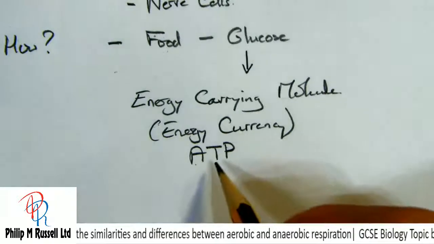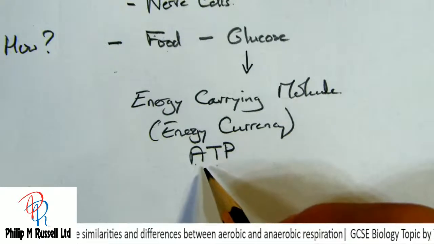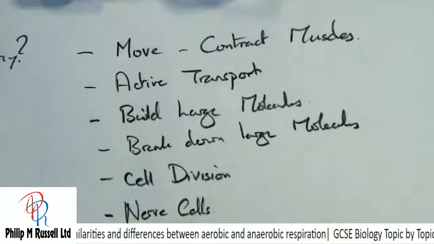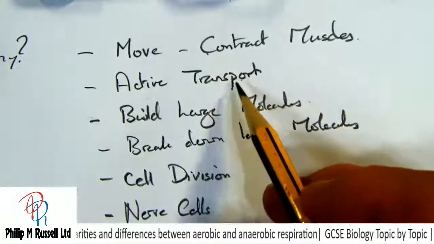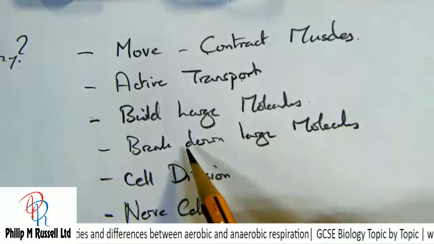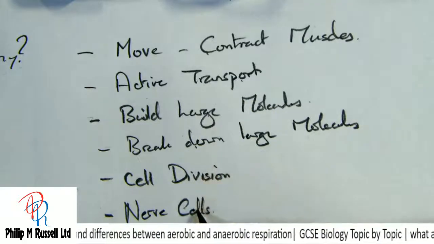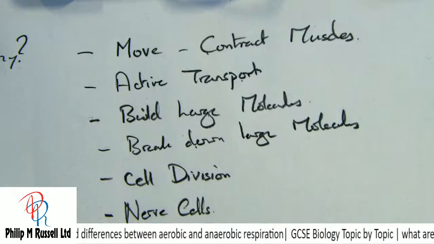And this molecule stores all the energy, and that is used to do the movement, the active transport, building large molecules, breaking down large molecules, controlling cell division, controlling the nerve cells.